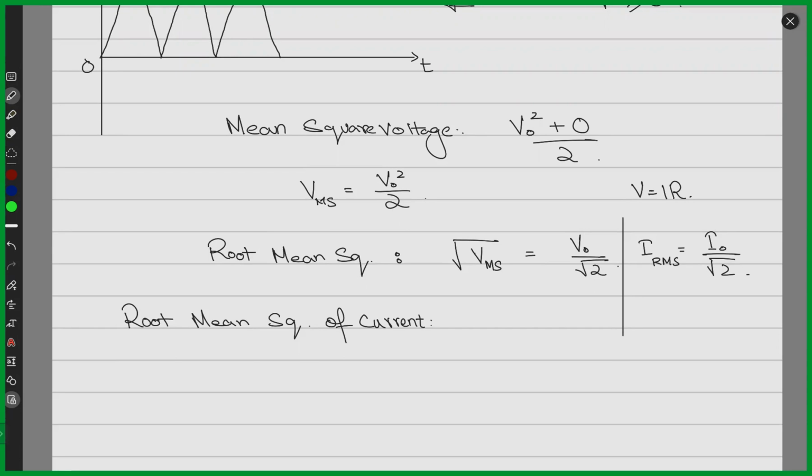to the direct current that would convert the energy at the same rate in a resistor as an alternating circuit. So if you have an alternating current, you can calculate from it the RMS value of current or voltage, and then you can use that value in a direct current circuit.